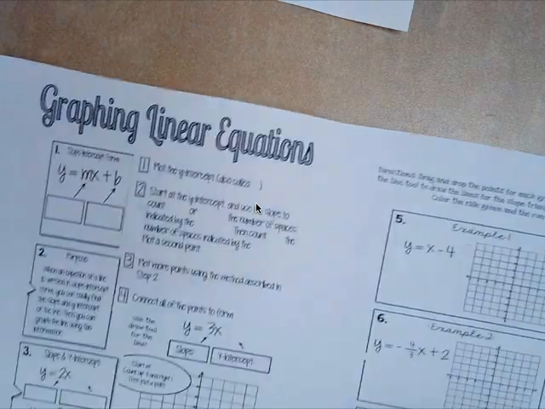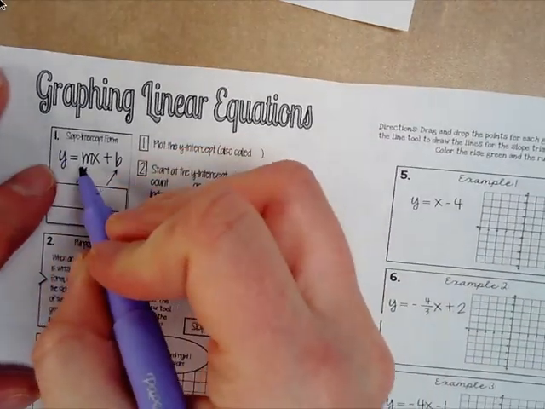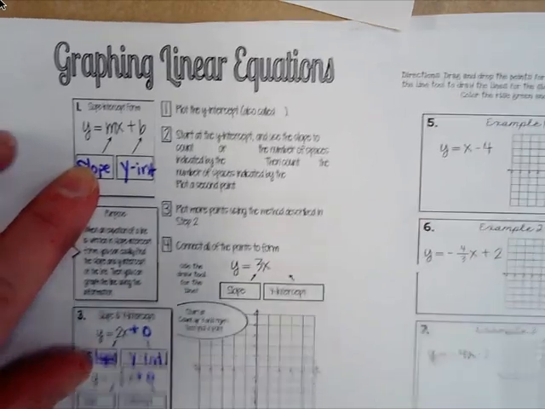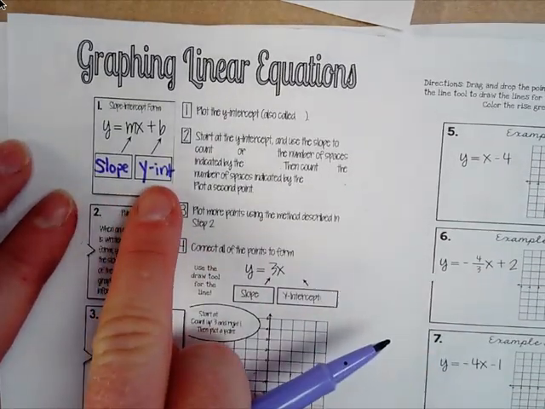So we are going to review a lot this week. The first thing we're reviewing is graphing linear equations and looking at y equals mx plus b. M is your slope. B is your y-intercept.